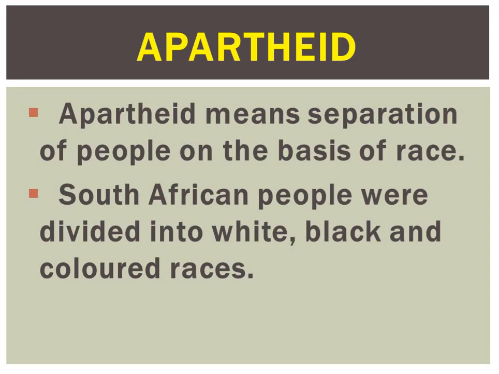White people came there for trade, and there were colored people and Indian people. South African people were divided into white, black and colored races. The separation on the basis of these races was known as apartheid.